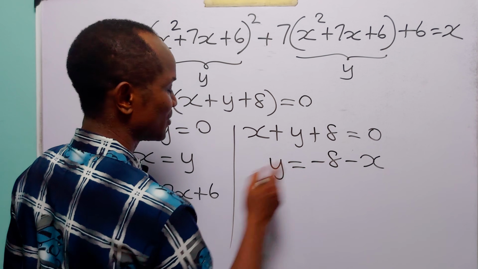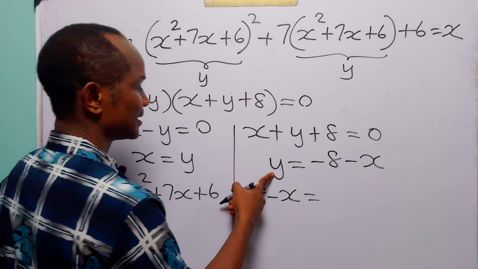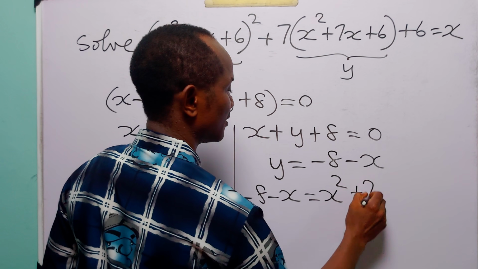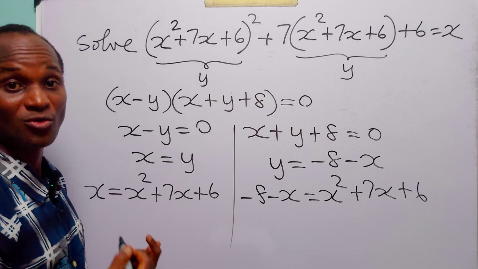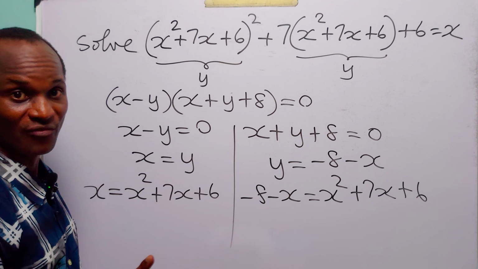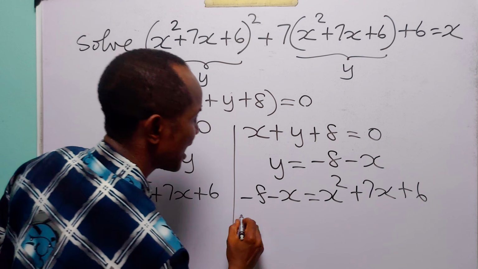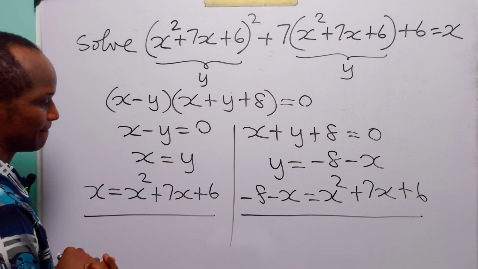And in this case, we have that minus 8 minus x is equal to x squared plus 7x plus 6. So the two quadratic equations that we have to solve to find all the values of x that satisfy the original equation are this and that.